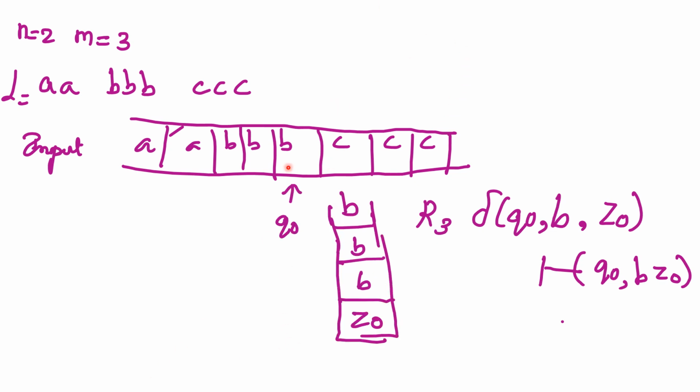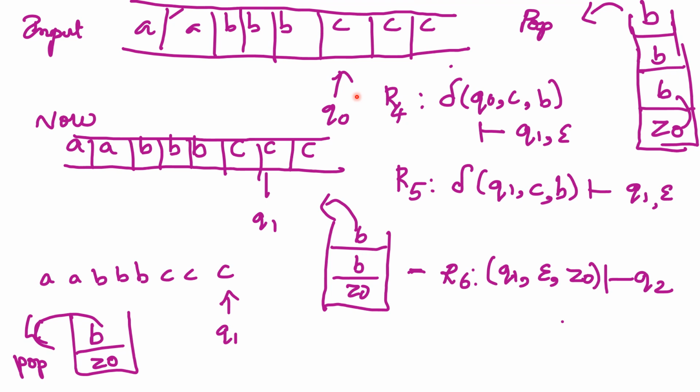Q0 B, again you have to push the elements into the stack. Then you see here, now we are reaching here, you can change the state also, otherwise you can make the stack empty. So you are going to make it empty here as per rule 4.